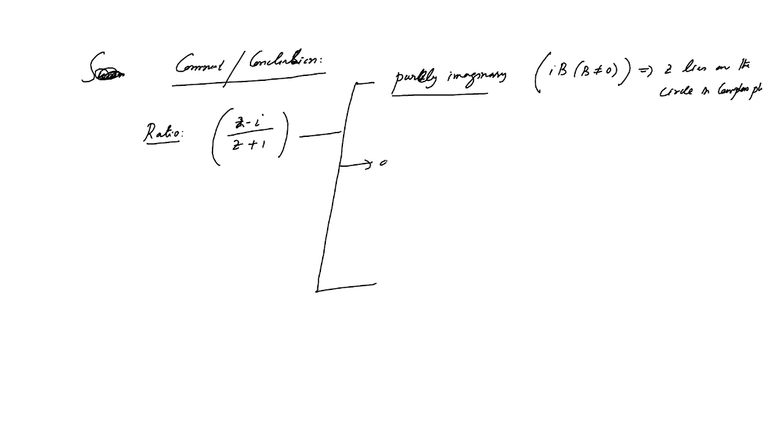Again, the second case is the amplitude of z minus i by z plus 1 equals pi by 4. This also represents that z lies on a circle in the complex plane.